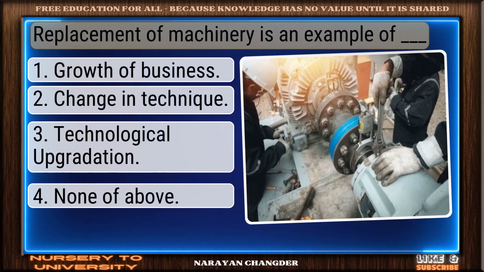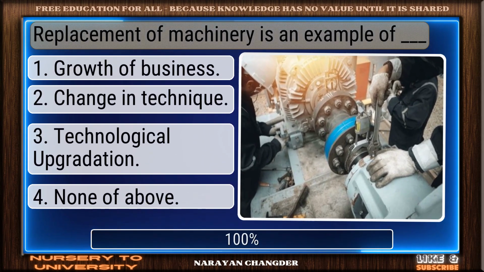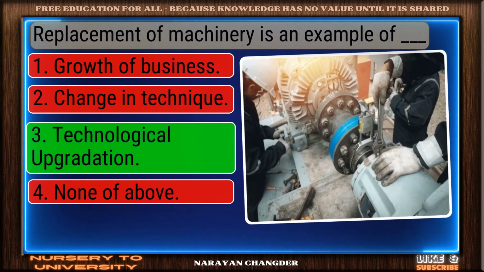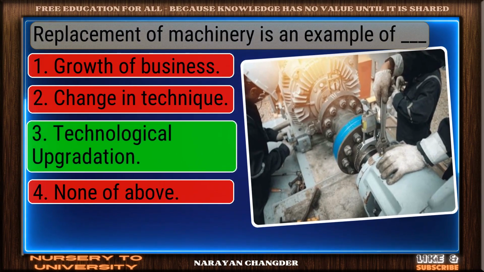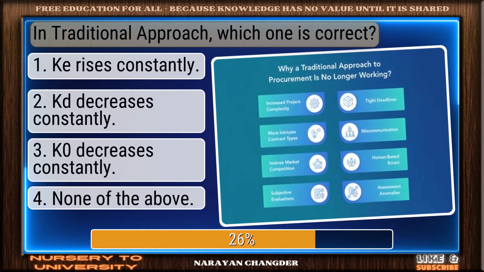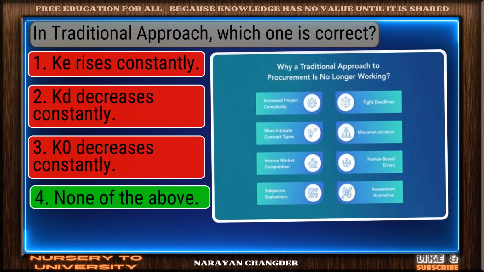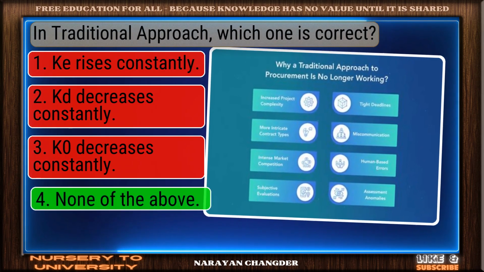Replacement of machinery is an example of dash. Strong choice. Technological upgradation is the right answer. In traditional approach, which one is correct? Well picked. None of the above is the correct answer.